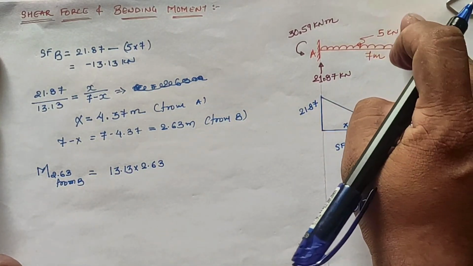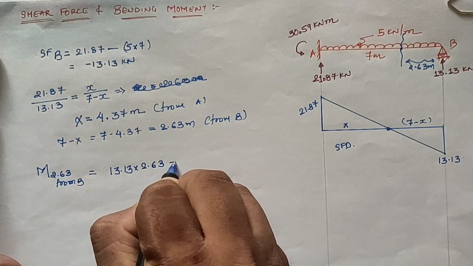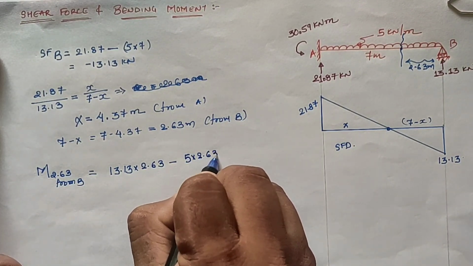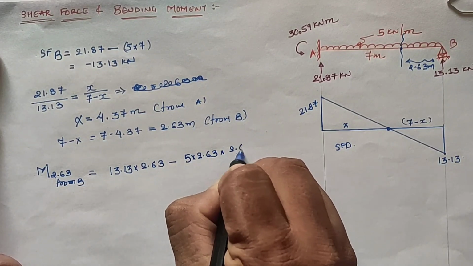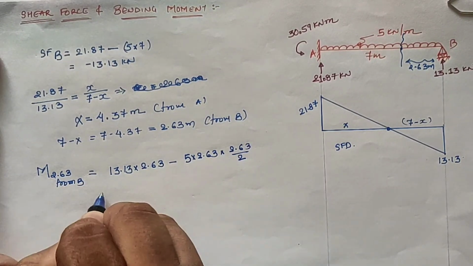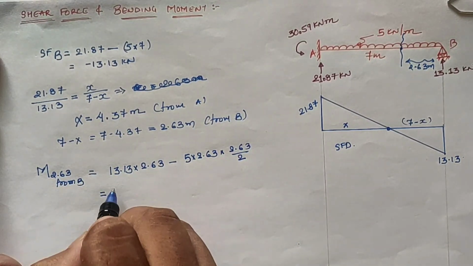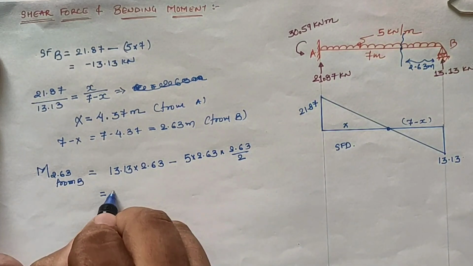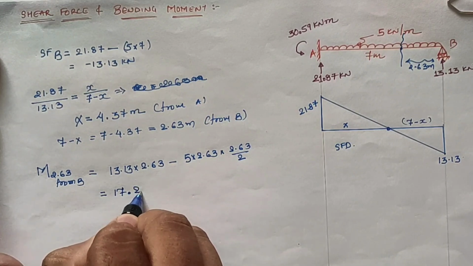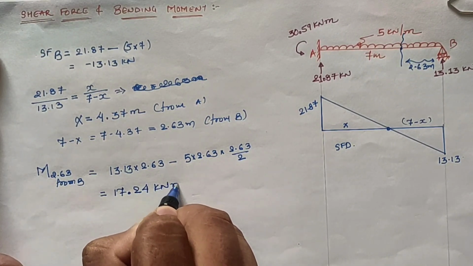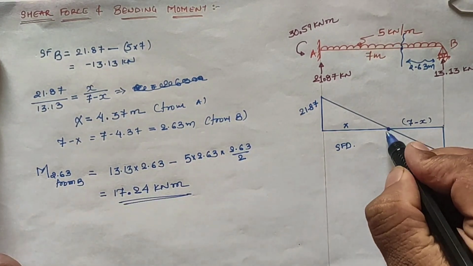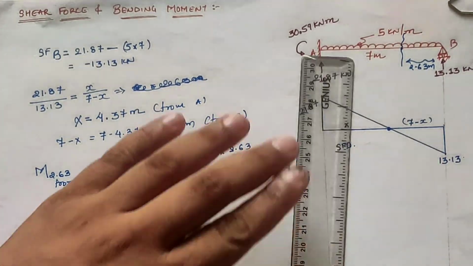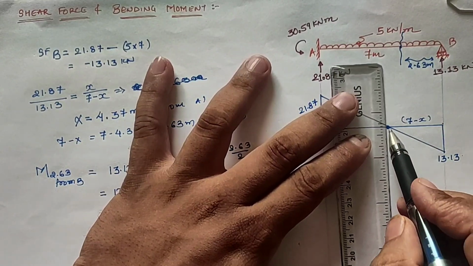Now the UDL is in clockwise direction, so it is negative. UDL value is 5 into distance 2.63, and the CG distance is 2.63 by 2. If we solve this, the moment at location 2.63 is 17.24 kilonewton meter. So at the location of shear force equal to 0, we will have the maximum bending moment.